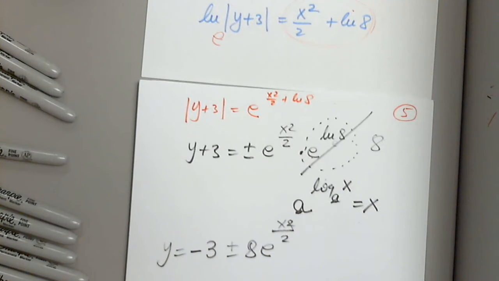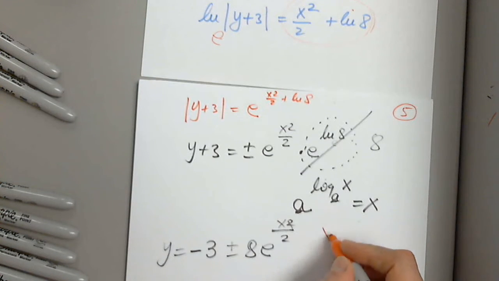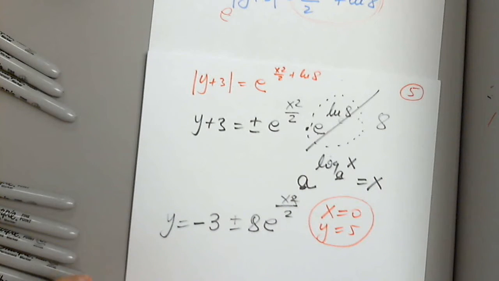Now we have to make sure that when x is 0, y is 5. And we will choose that function that fulfills the given condition. So when x is 0, y must be 5. Not both will give us that option. So which one will give us that option?